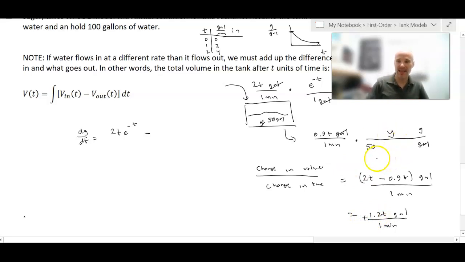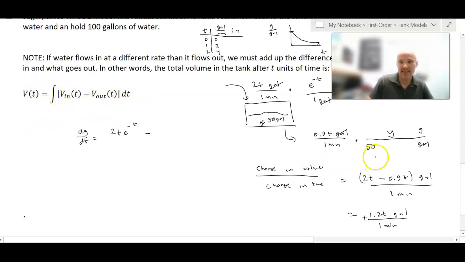But I can't add that to the 50 because this is a unit of gallons per minute. Now over here I've written, if water flows in at a different rate than it flows out, we must add up the difference between what goes in and what goes out. In other words, the total volume in the tank after t units of time is this V(t) function.